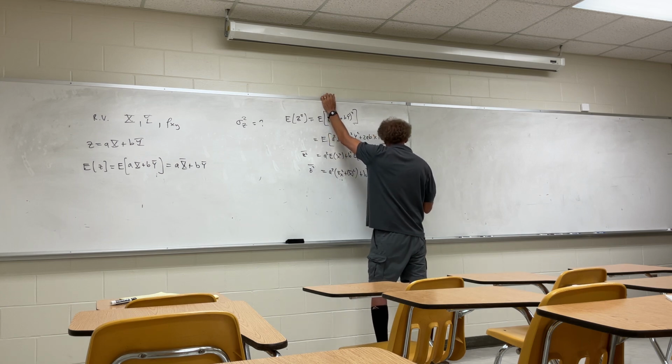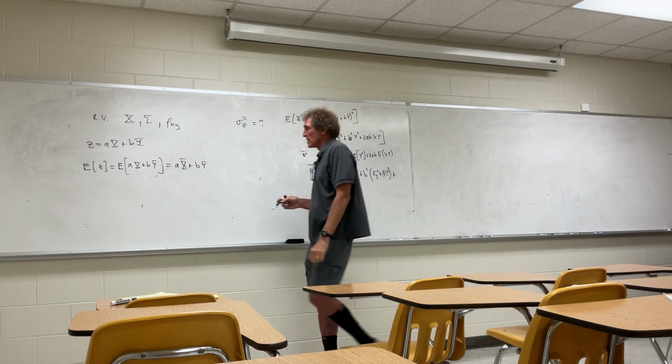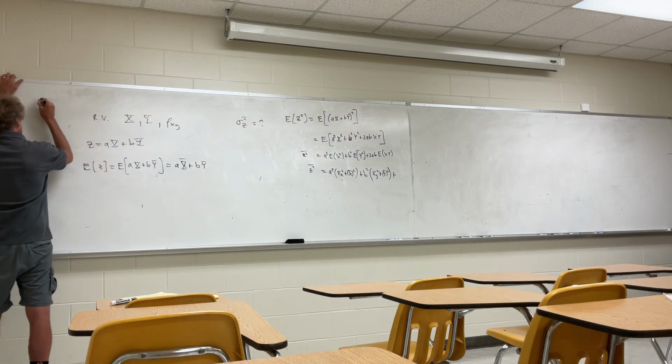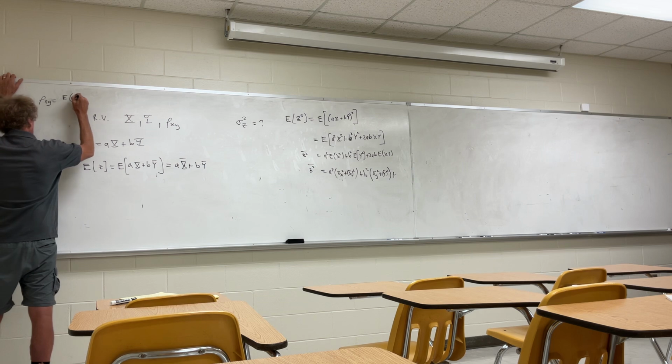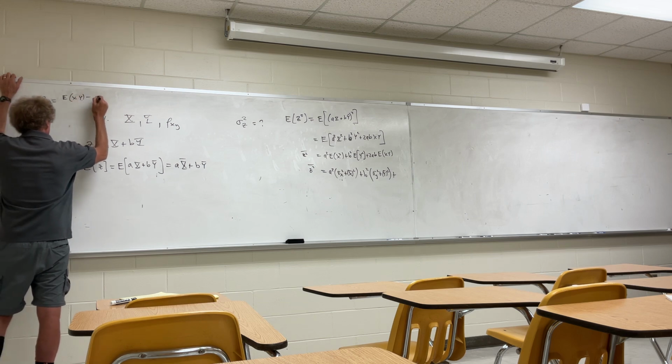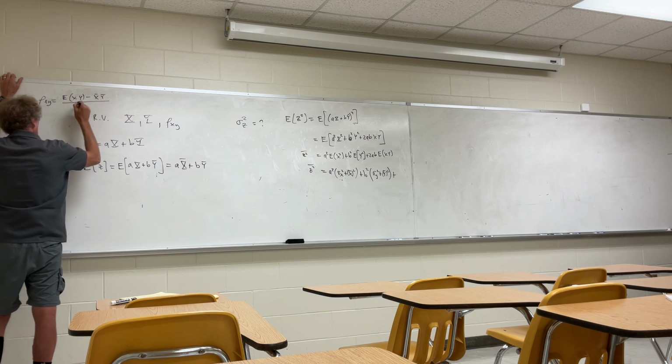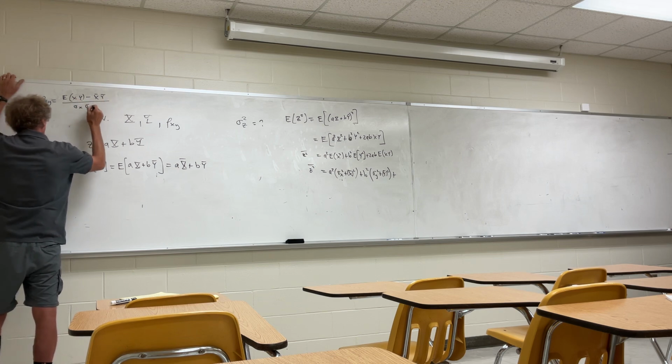And then this one, now this is important, because if you look at this, the correlation coefficient between x and y is equal to the expected value of x times y minus x bar times y bar over sigma x sigma y.